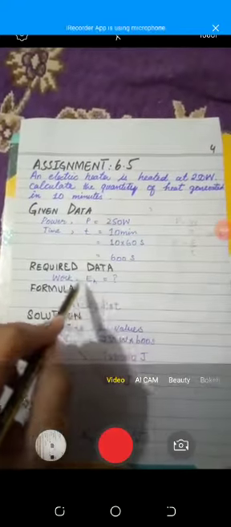So I convert the W into E. The formula is P equals W over T, and W equals E. So the formula converted into P equals E by T. Multiplying both sides by T, T is going to cancel and the formula comes E equals P into T. So here we have written E equals P into T.